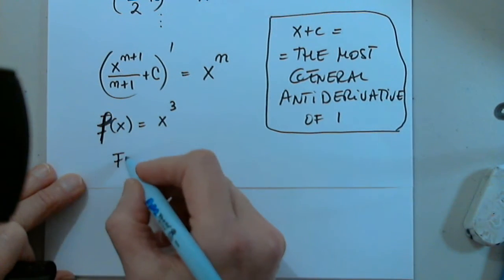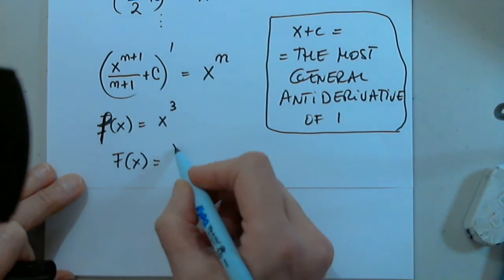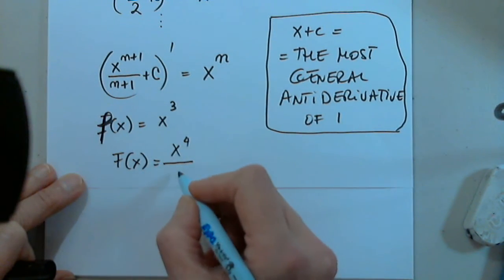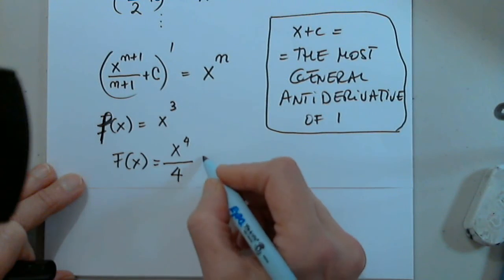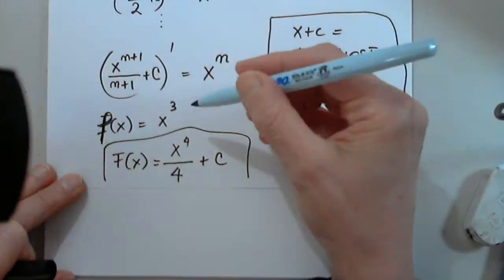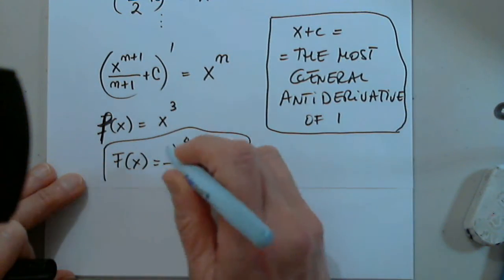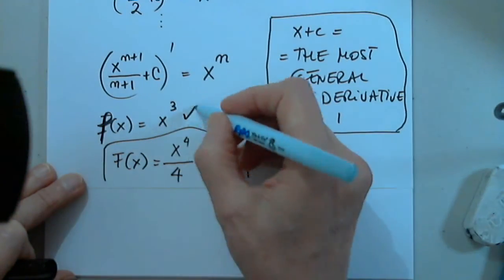So the most general antiderivative will be, according to the rule, increase the power by 1, divide by that power, plus a constant c. What is this? The most general antiderivative of x cubed. It's a family of functions. If you differentiate this, you're going to get x to the third.